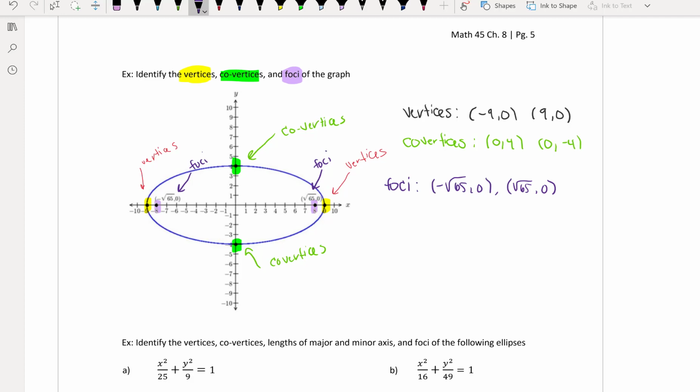So that is going to be my foci. So -√65, 0 and √65, 0. So I have my vertices, my co-vertices, and my foci.